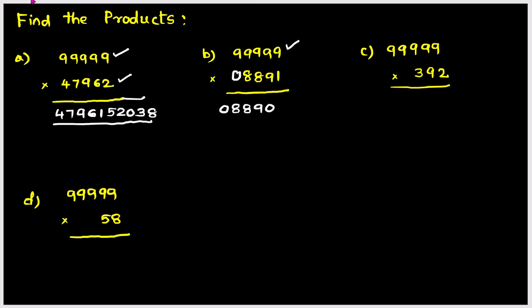Now these all digits should be subtracted from 9 respectively. So 9 minus 0, 9. 9 minus 9, 0. 9 minus 8, 1. 9 minus 8, 1. 0 also should be subtracted because 0 is also countable here. 9 minus 0, 9. So this is the answer. But children, after getting the answer, this 0 you can ignore it. So I am ignoring. So this is the answer. Okay, you can multiply in your calculator and you can check.